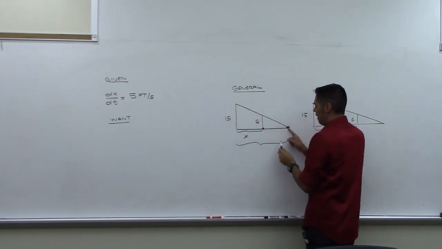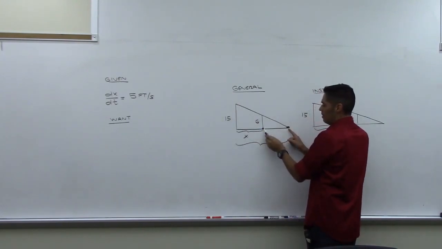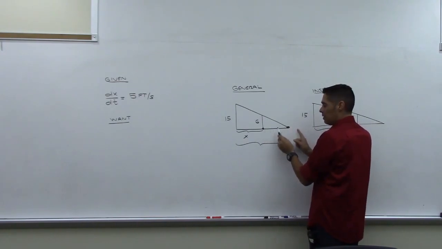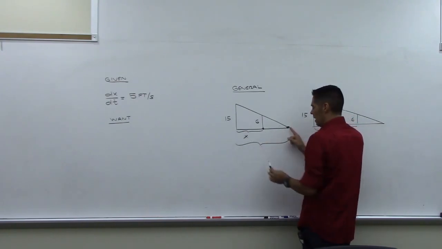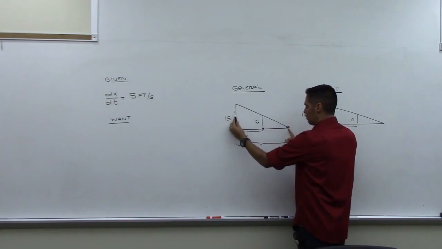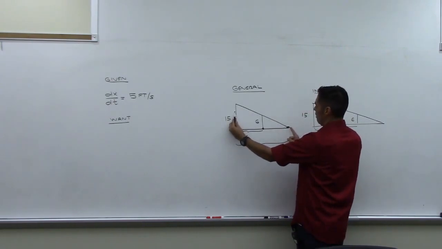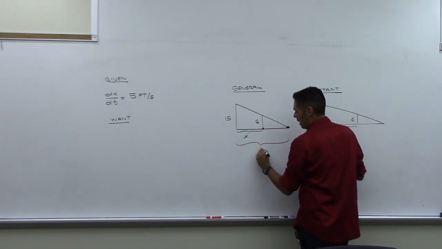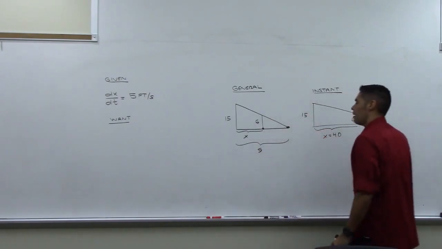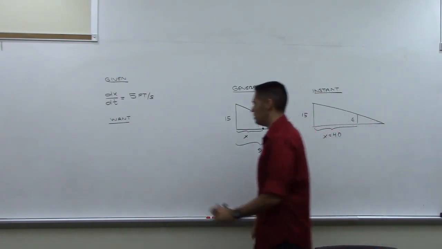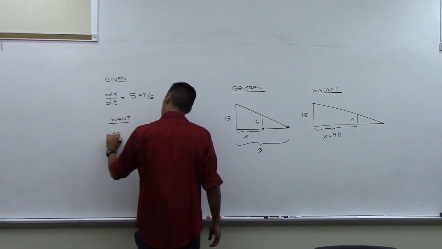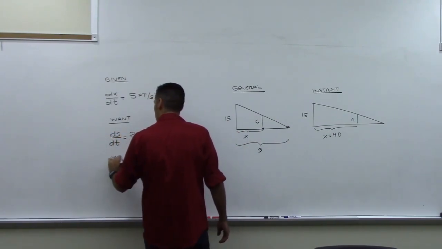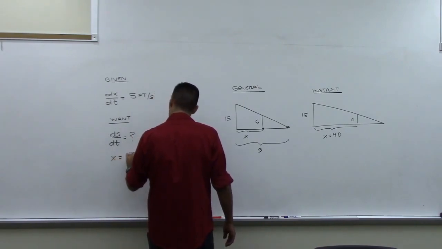Because if I ask how fast this point is moving away from him, well, he's moving also, so that's a different question. We want to know how fast this point's moving. So if we have the fixed pole, if you're just focusing on that point, how fast is it moving? So let's call that point S for shadow. And so what we want to know is ds/dt, at the moment that x is 40 feet.